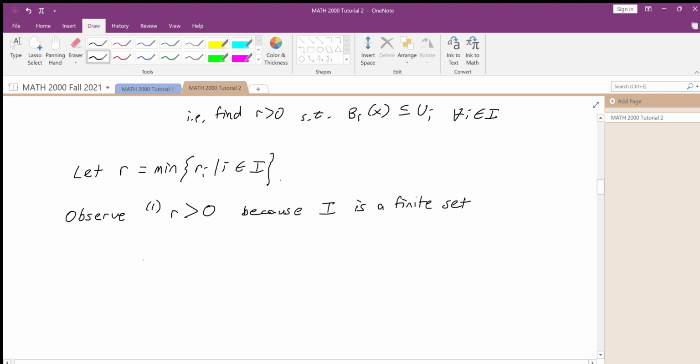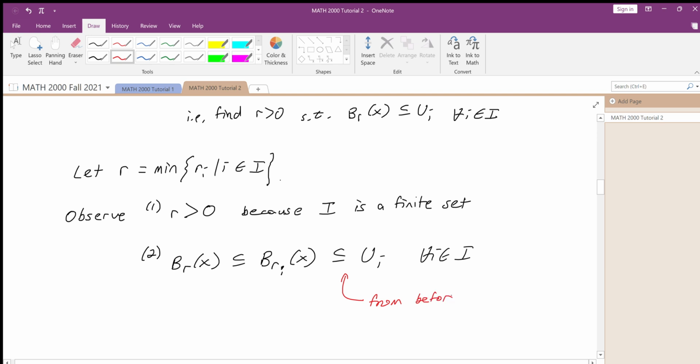Number 2, the ball of radius R centered at X is contained by the ball of radius Ri, which is just contained by UI for all I. So this subset is from before, so that's for free. Why do we have this subset? We have that subset because R is the minimum of all the Ri's. So R is less than or equal to Ri for all I. That's why.